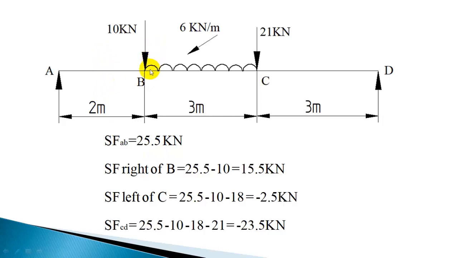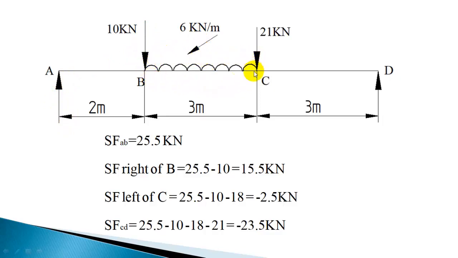Now immediately right of B, without considering this UDL part, including this point load, 25.5 minus 10 gives 15.5 kilonewton. So immediately left of C is 25.5 minus 10 minus this UDL part.